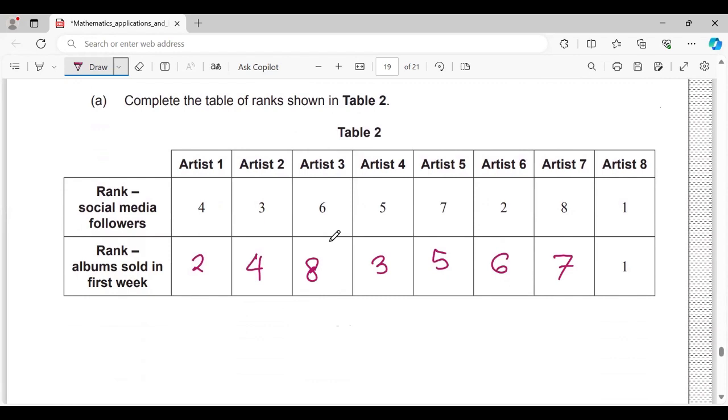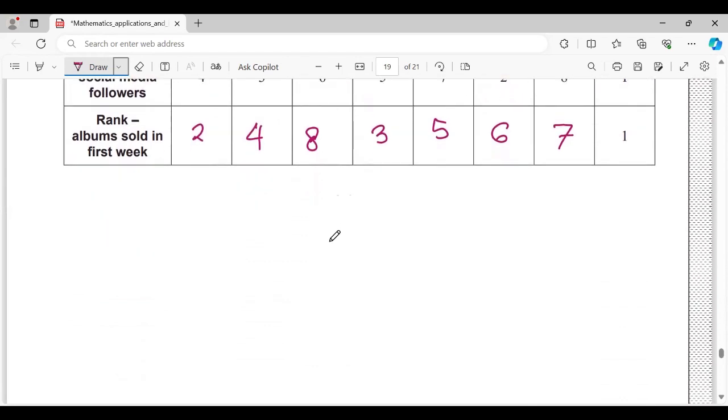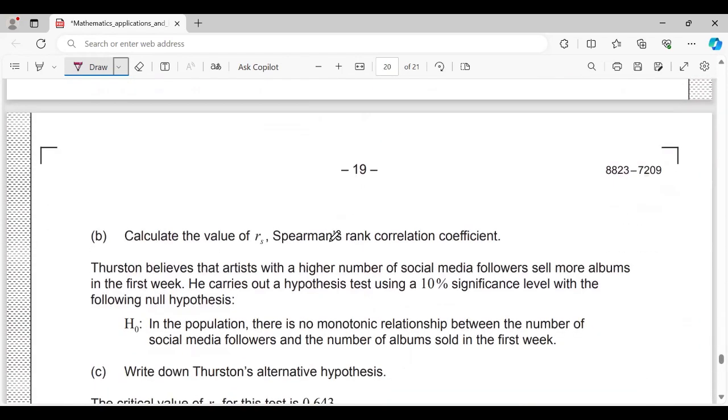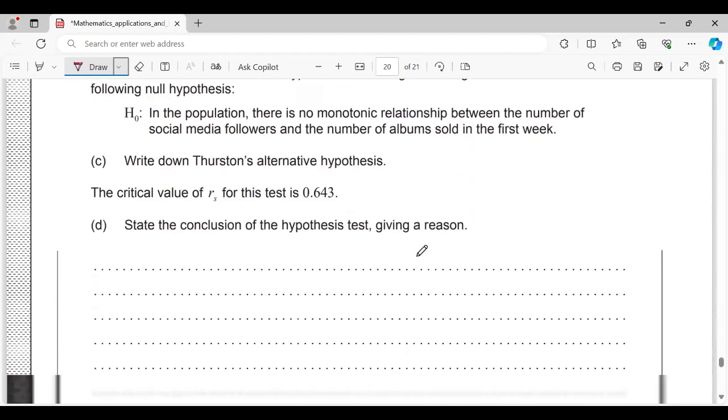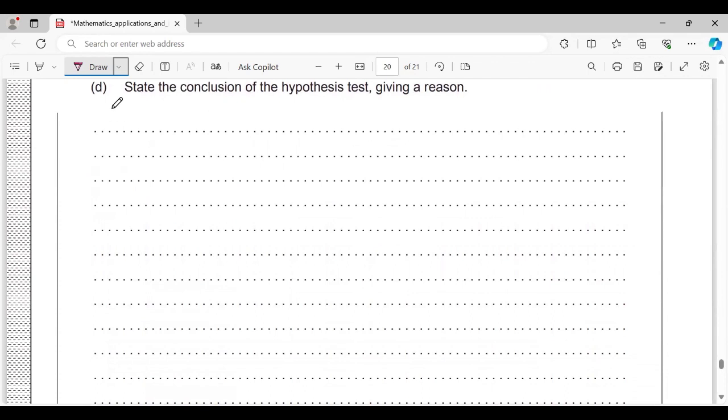Now we're going to move to question B. Calculate the value of RS, Spearman's rank correlation coefficient. I'm going to create the table.